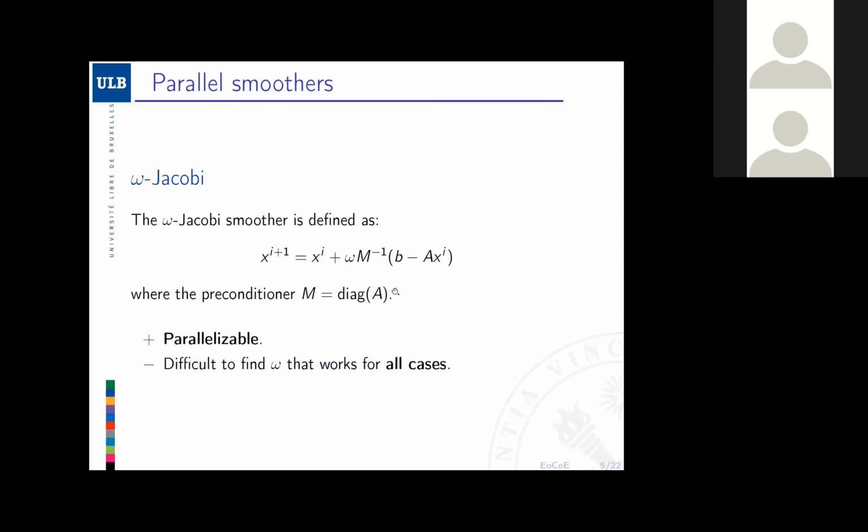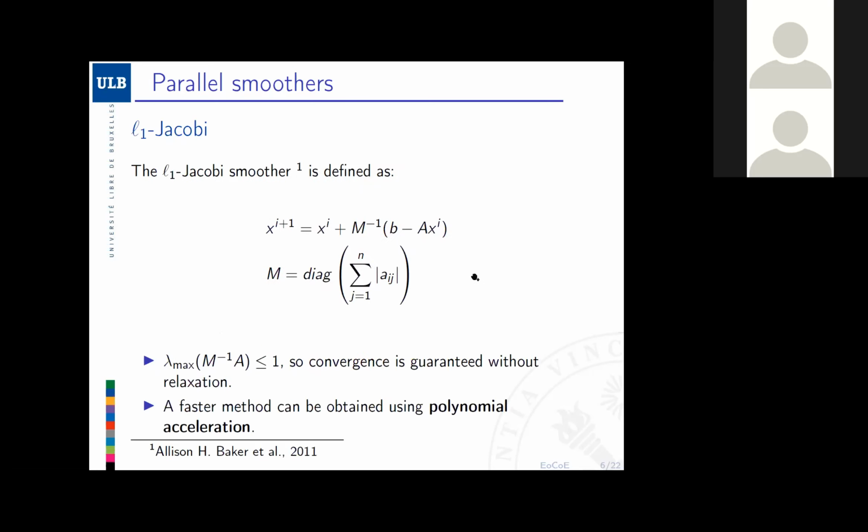To fix that problem, we present another smoothing strategy, which is the L1 Jacobi smoother, defined as follows. It is pretty similar to the Jacobi smoother, but the preconditioner is a diagonal matrix where each element of the diagonal is the sum of the absolute values of the elements of each row.